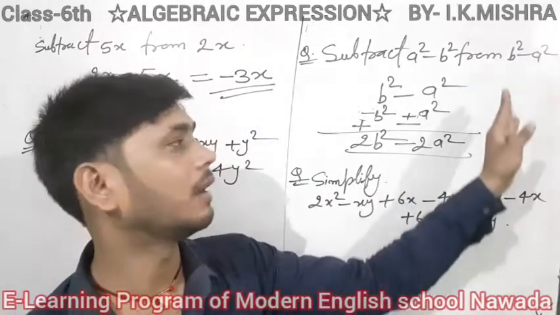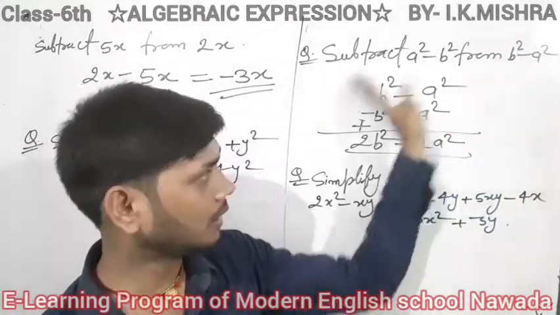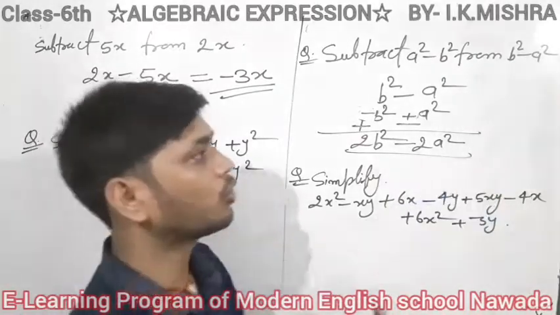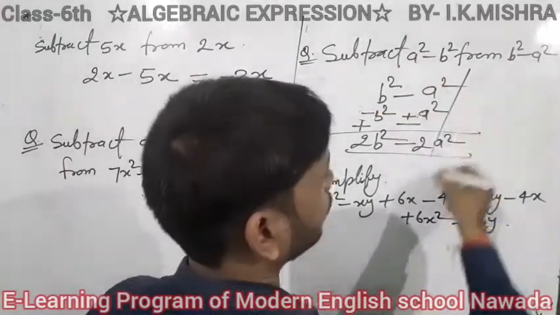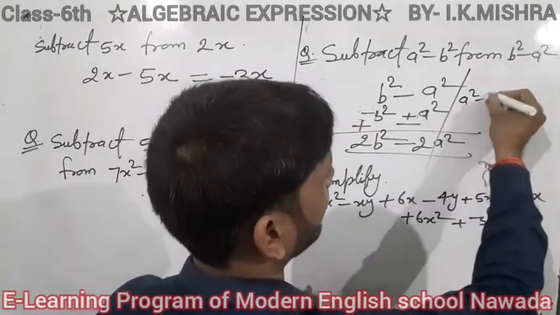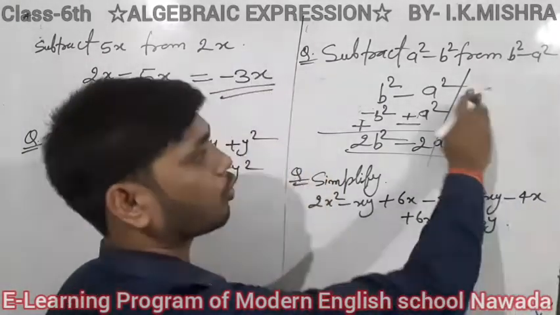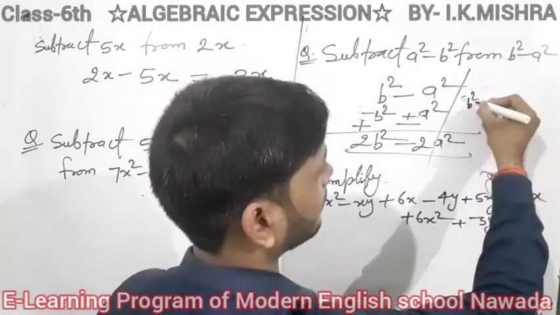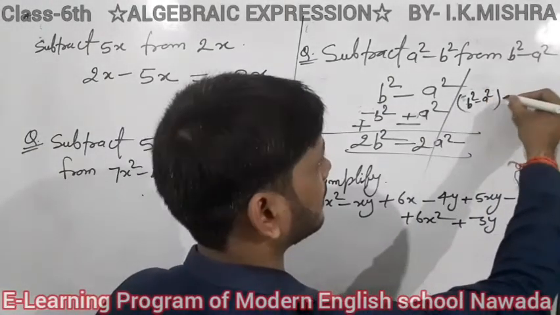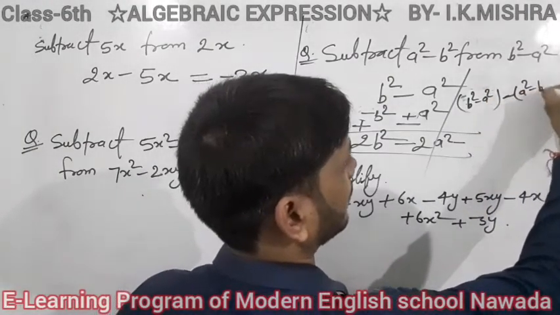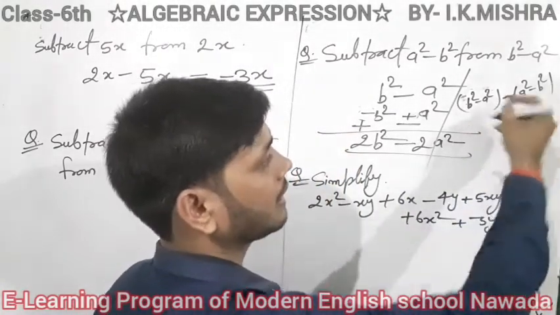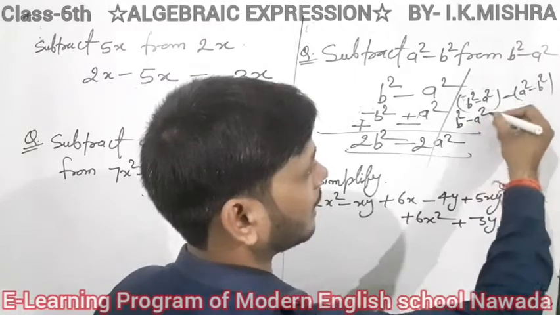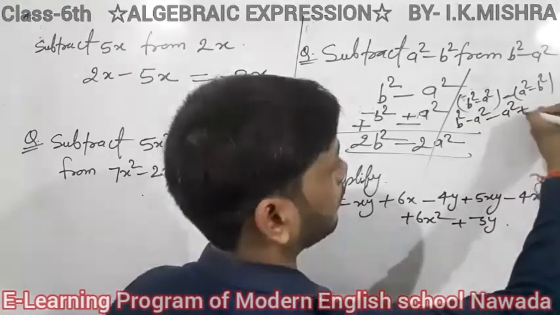Friends, you can arrange this in row method. Suppose you have to arrange it in row method. Then here you write a square minus b square, from this, that means b square minus a square. And then put a minus before the bracket, then b square minus a square and minus a square plus b square.